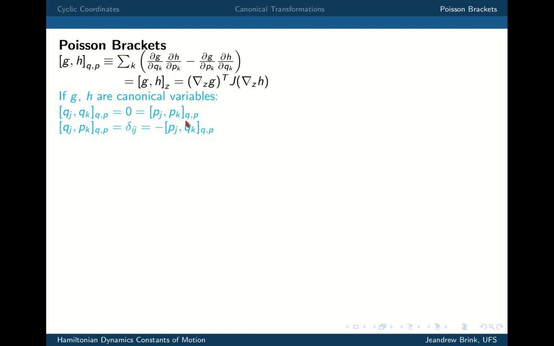Okay, so that's useful. In other words, only when your variables in some sense cross over do you actually get ones. For the rest you have zeros. Just for reference of notation, people call these the fundamental Poisson brackets, in other words, the Poisson brackets of the variables you're actually considering.